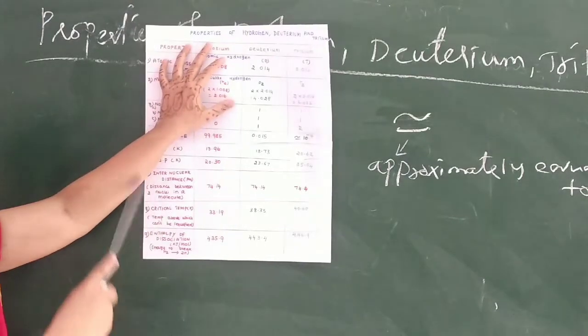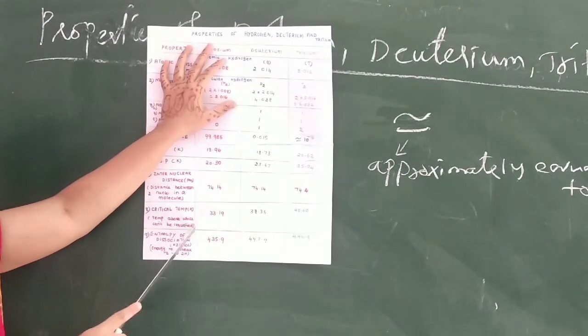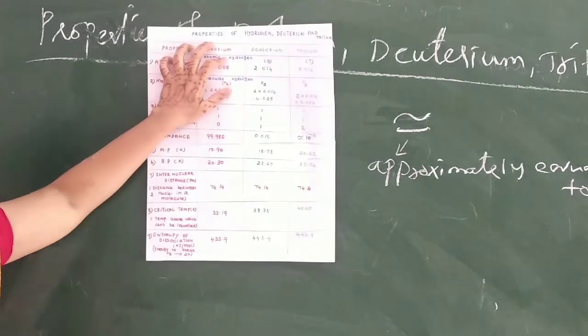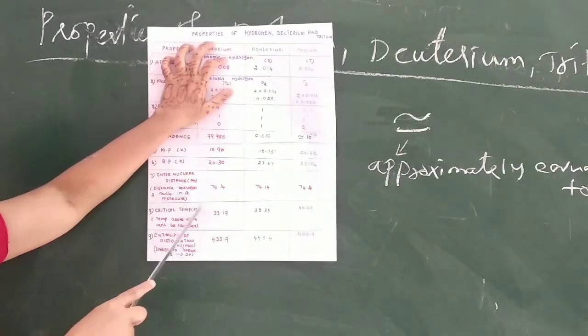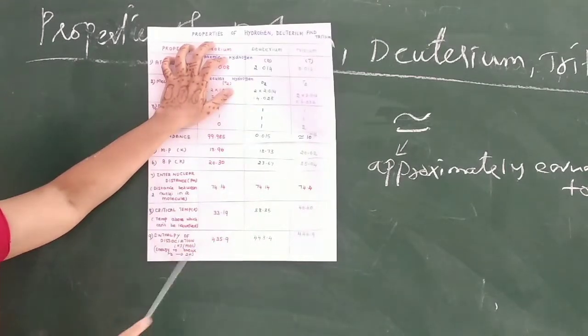The temperature above which the gas cannot be liquefied, although pressure can be applied many times. So critical temperature is given.